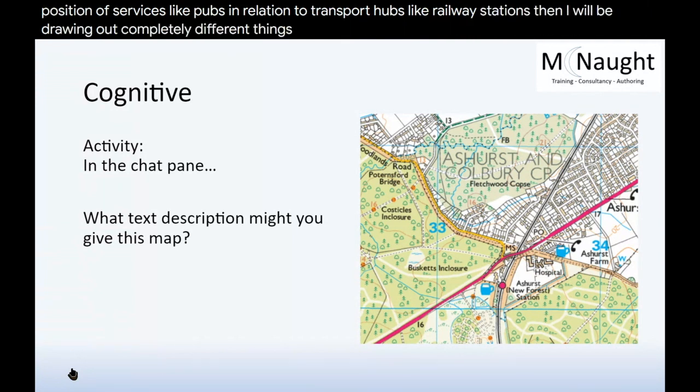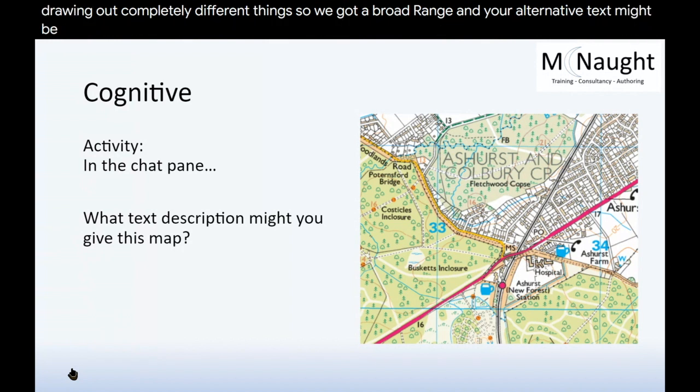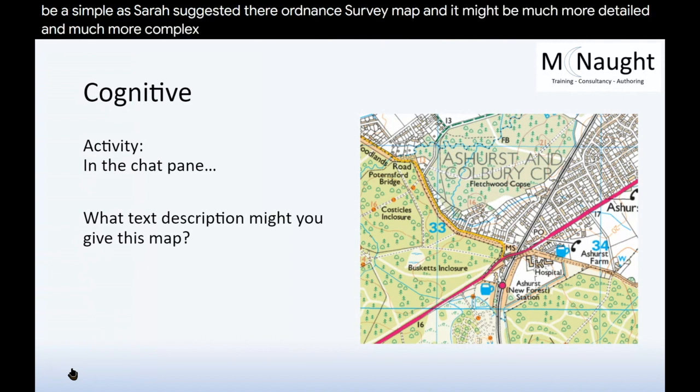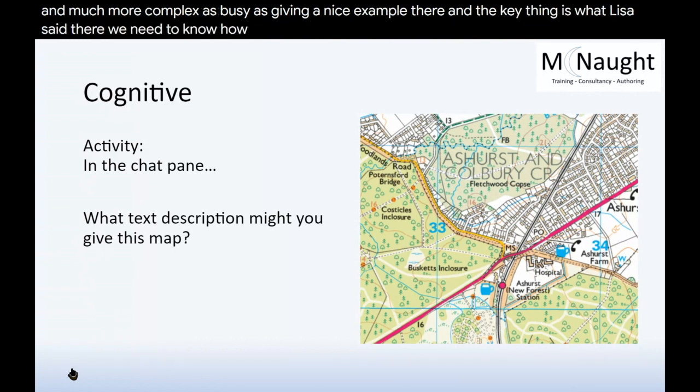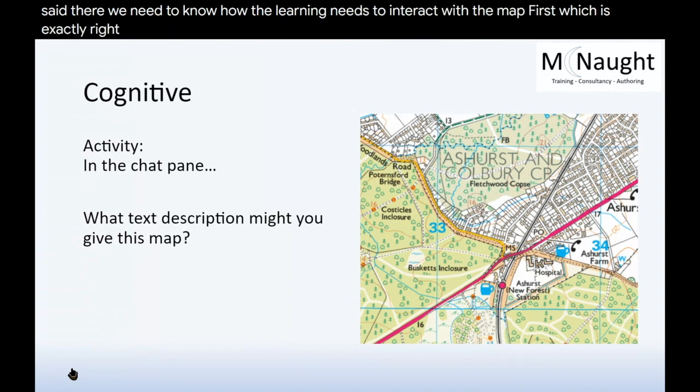So we've got a broad range, and your alternative text might be as simple as Sarah suggested there, Ordnance Survey map. And it might be much more detailed and much more complex, as Gizzy's given a nice example there. And the key thing is what Liz has said there. We need to know how the learner needs to interact with the map first, which is exactly right.